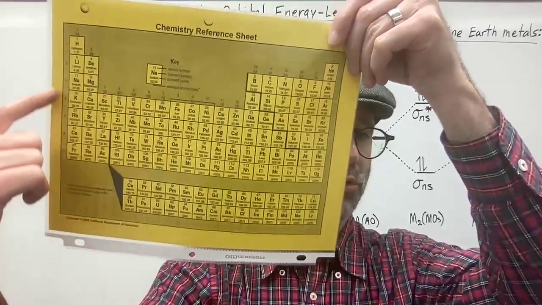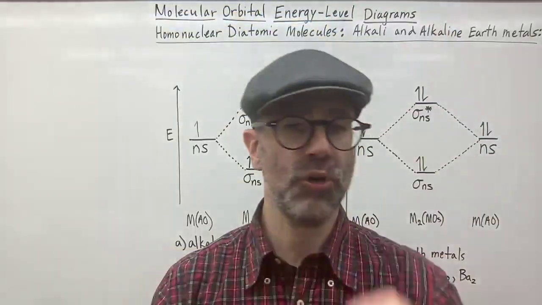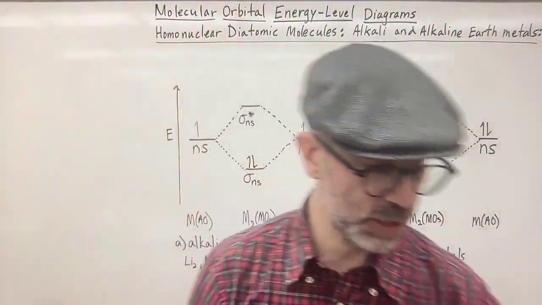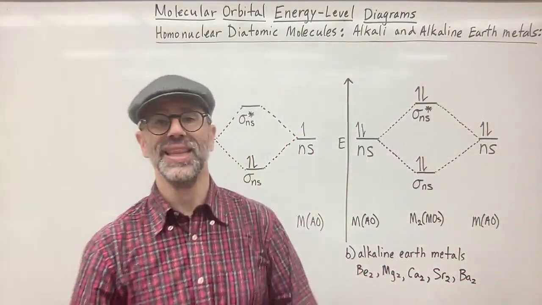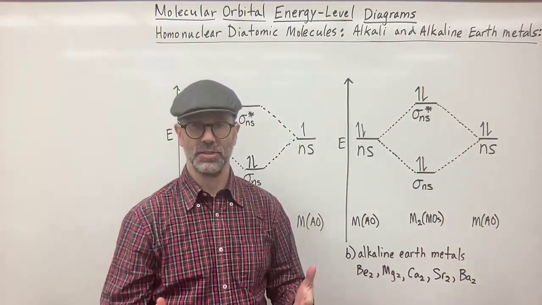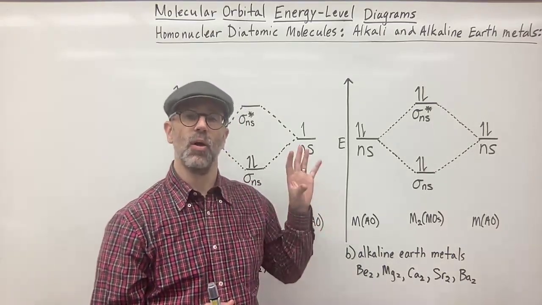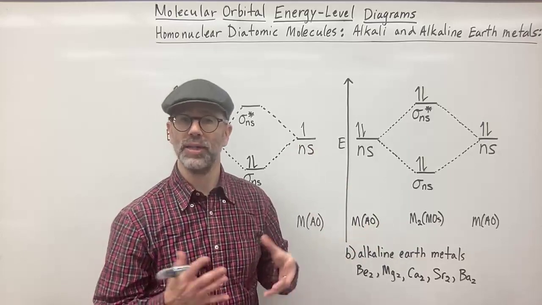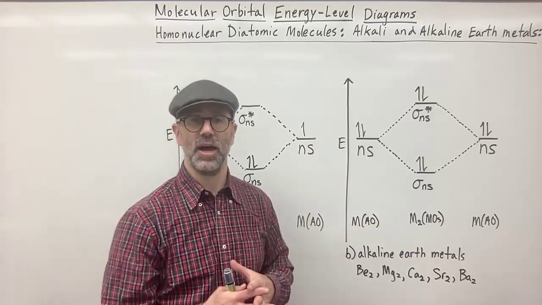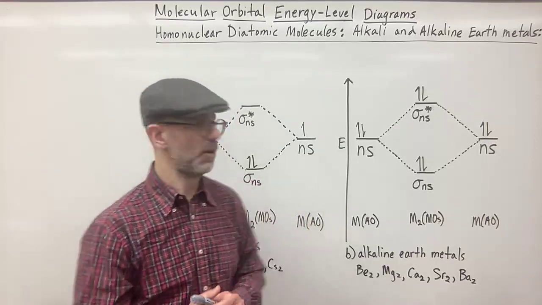Notice that both groups are in the s block. So these only involve the s orbital as their valence orbitals, because the s orbital is the only one that has electrons in it as concerning the valence shell.